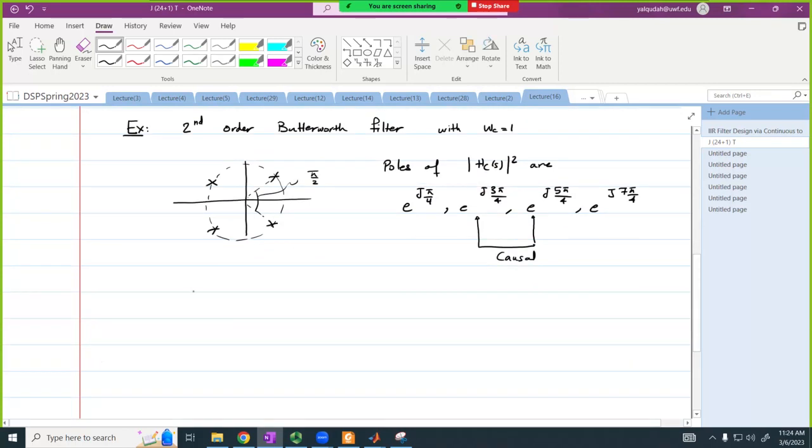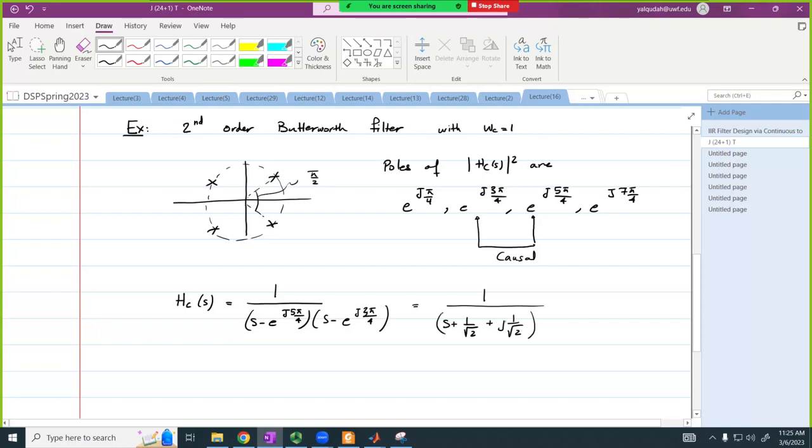If we know the roots, we can calculate HC of s, which is going to equal 1 over s minus e to j 5 pi over 4 multiplied by s minus e to j 3 pi over 4, which equals 1 over s plus 1 over square root of 2 plus j multiplied by 1 over square root of 2, multiplied by s plus 1 over square root of 2 minus j over square root of 2.